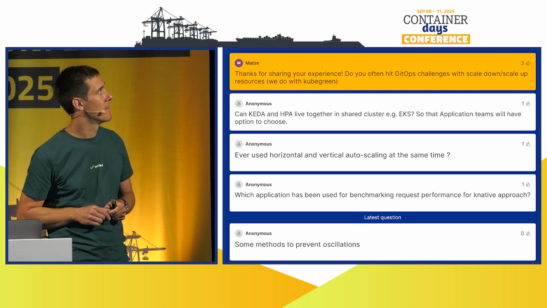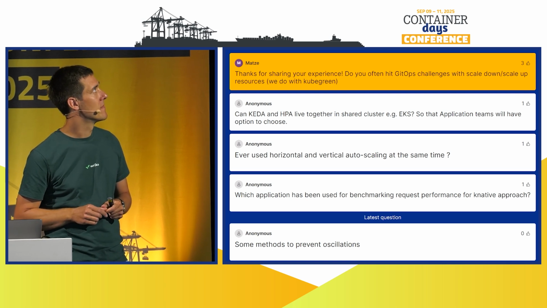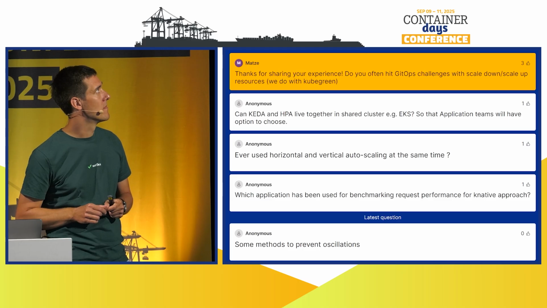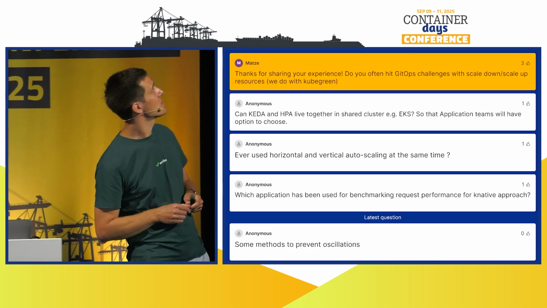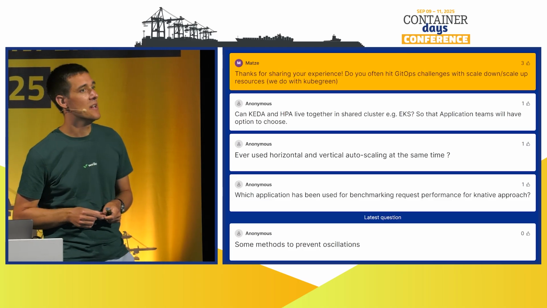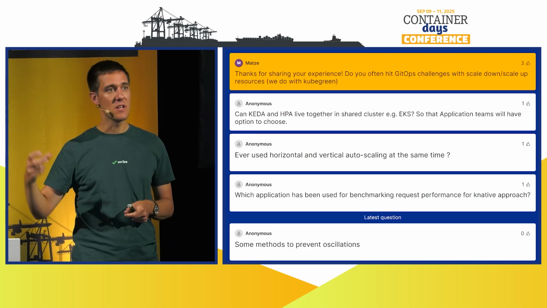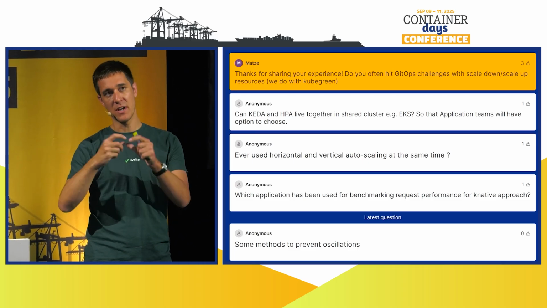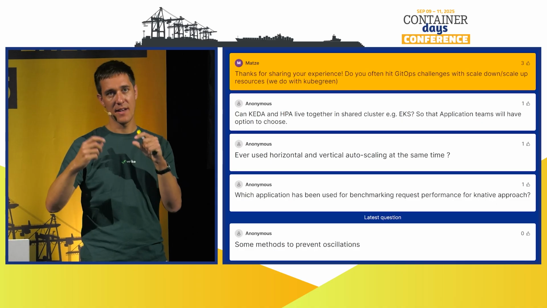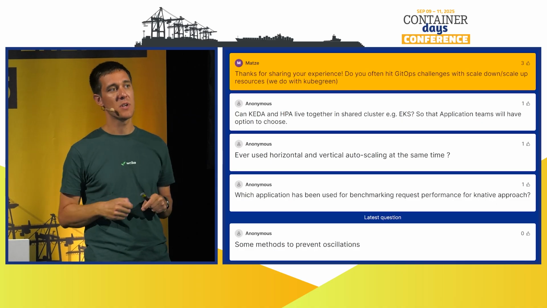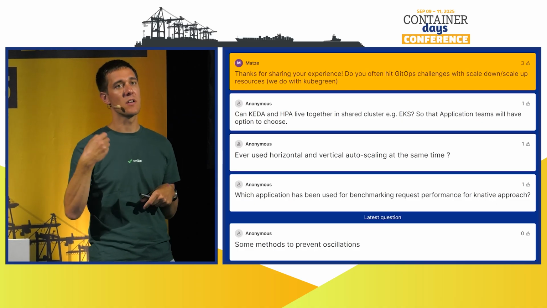Next one is, thanks for sharing your experience. Do you often hit GitOps challenges with scaling resources down and up? We do, with KubeGreen. Sorry, not sure what KubeGreen is, but for sure there is a small detail. In Argo CD, the attribute that signifies the number of replicas is different depending on which YAML we are talking about. You need to ignore it.